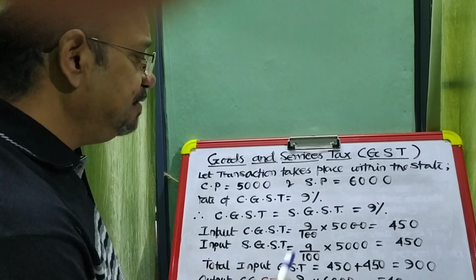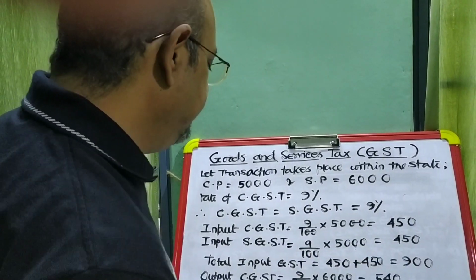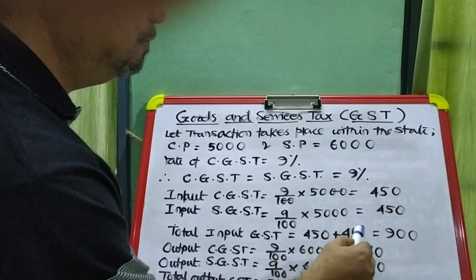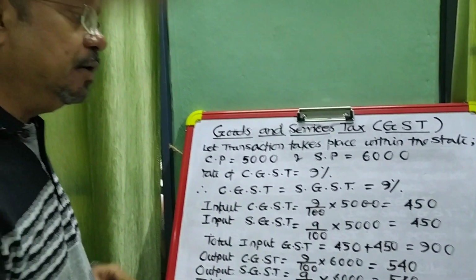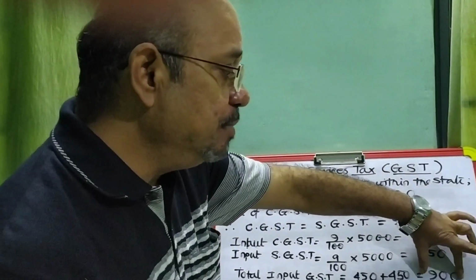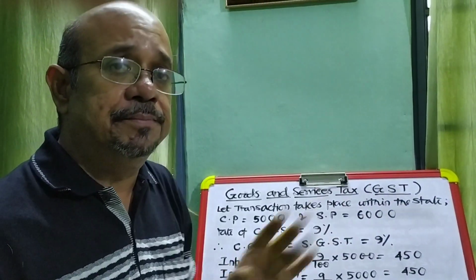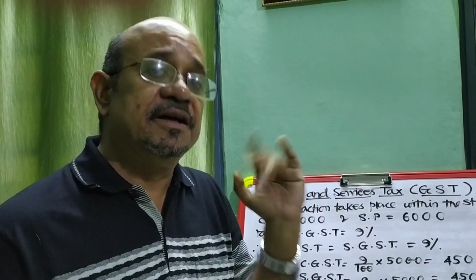Input SGST will be at the same rate, 9% of 5,000, which is 450. So total input GST will be the summation of these two, 450 plus 450 is equal to 900. So he has already paid 900 rupees of GST when he bought it from the other person. Now, he will collect the GST from the customer.